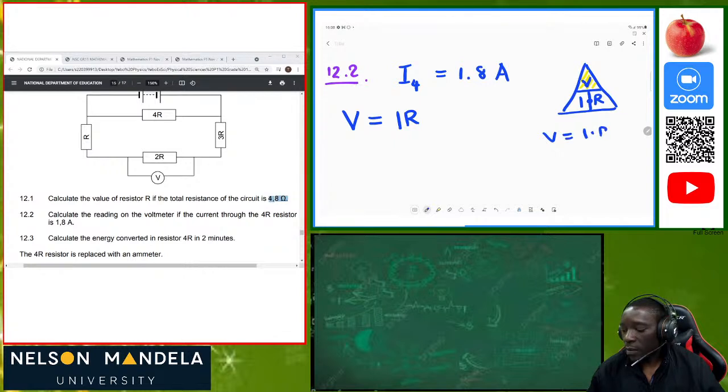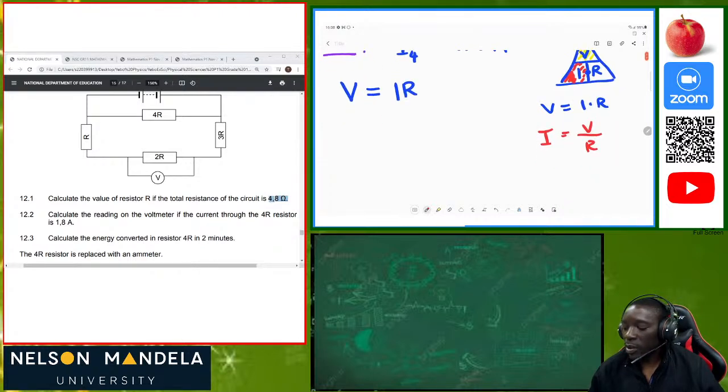If you want to find I, then we close that part and I equals V over R. It's all mathematics, just rearranging that same equation.